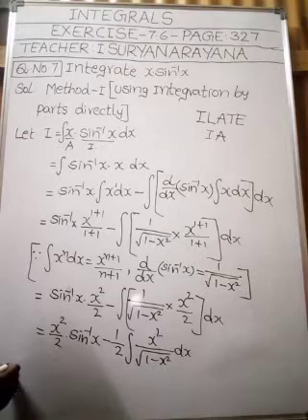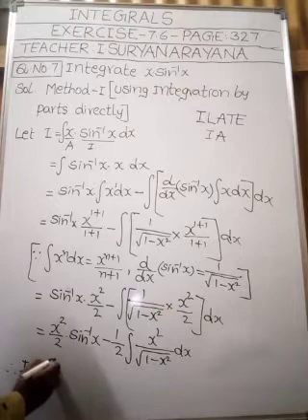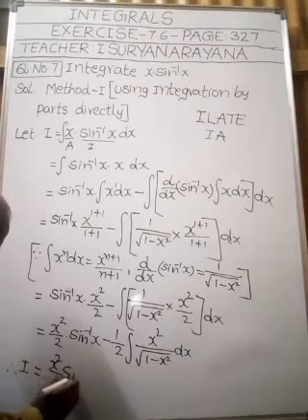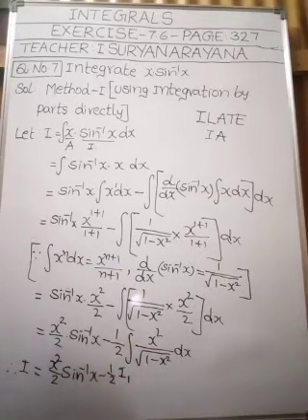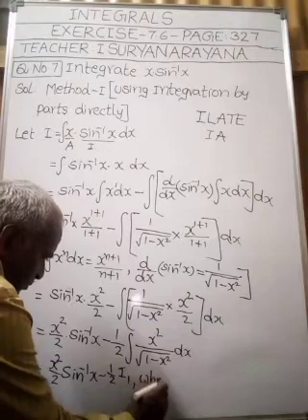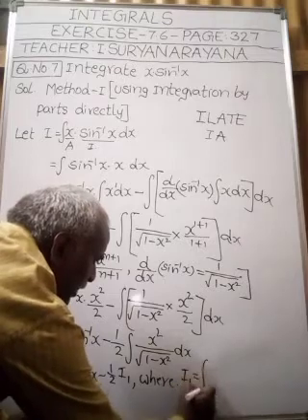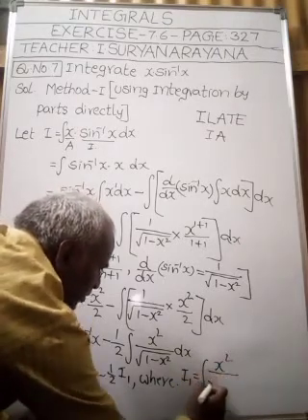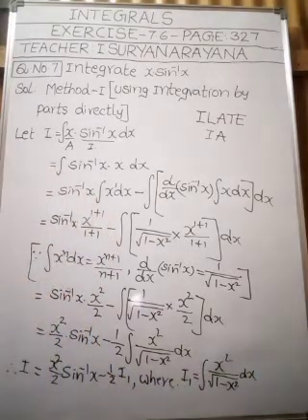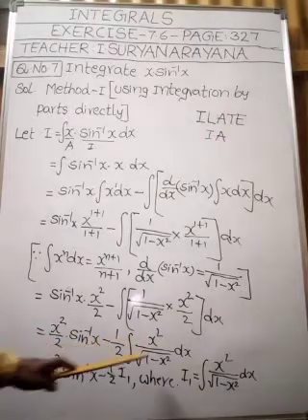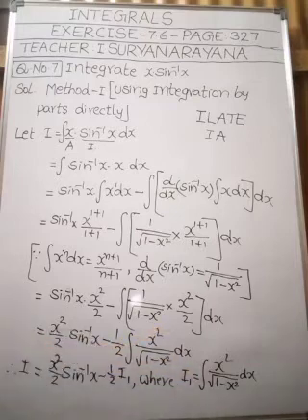Therefore, I is equal to x square by 2 sin inverse x minus 1 by 2 I1, where I1 is equal to integral x square by root of 1 minus x square dx. Let us assume that this integral is capital letter I1. Let us find this integral separately.